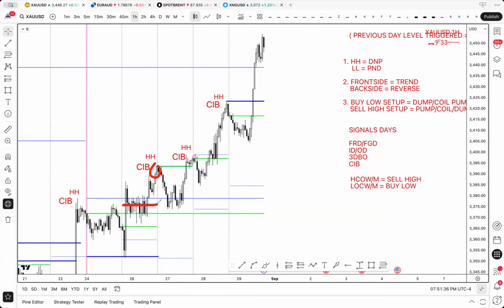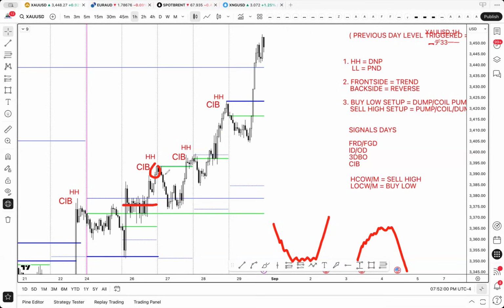Now, I'm just going to skip to the future really quick and answer the question that I commonly get. How do we know it's a trend or reversal? And the answer is, what are they doing? Are they dumping for a pump or are they pumping for a dump?